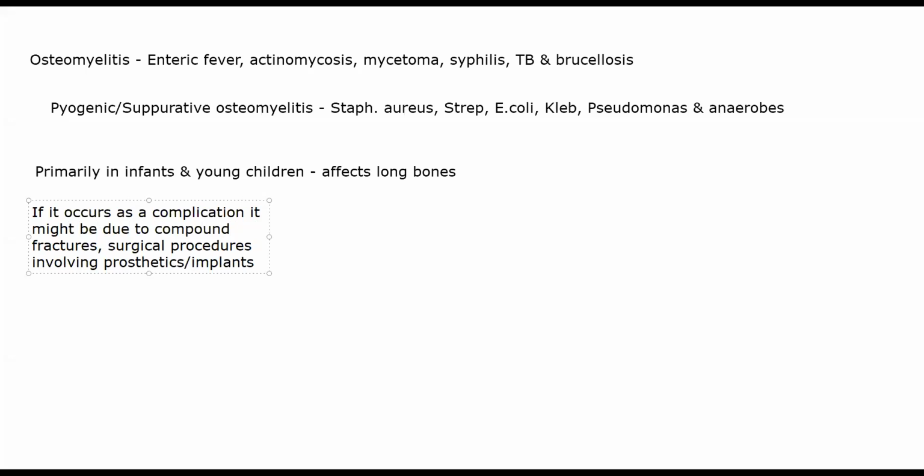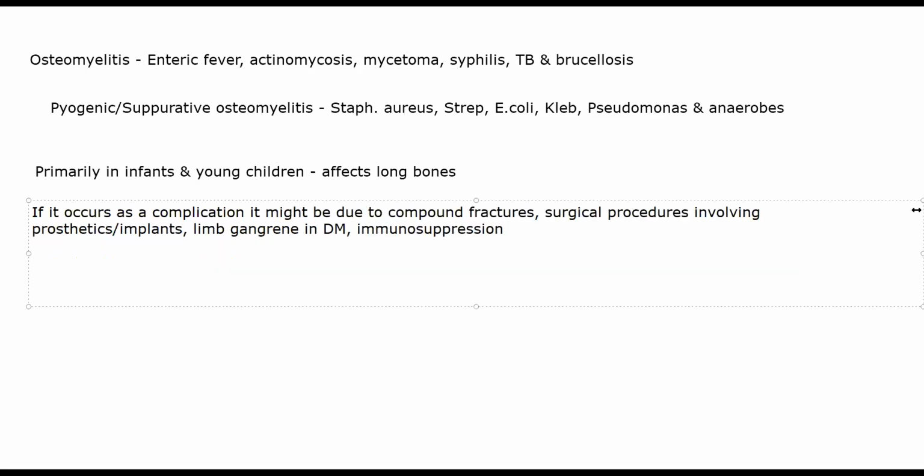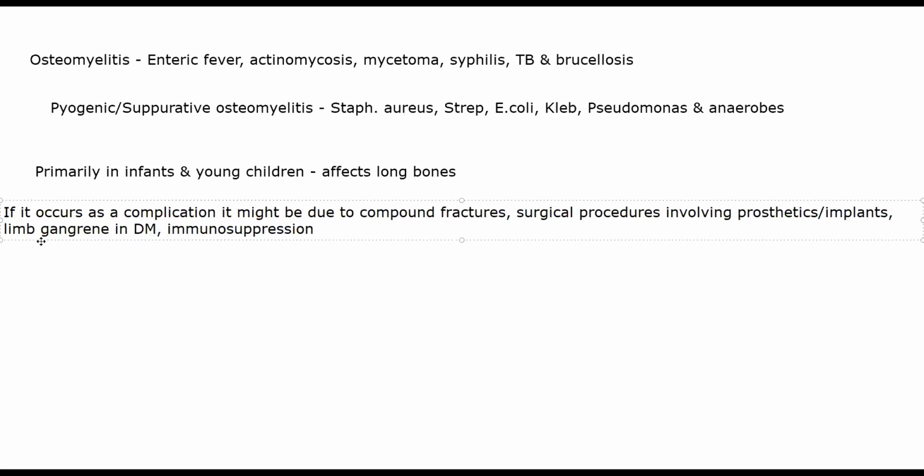Okay, either way, it can be foot gangrene or limb gangrene in diabetes mellitus, or any other type of diabetes as well. It can be due to immunosuppression. Okay, all of these are secondary causes that can lead to osteomyelitis, specifically the pyogenic or suppurative kind of osteomyelitis. Now, the pathological changes that you see will occur in a sequence.